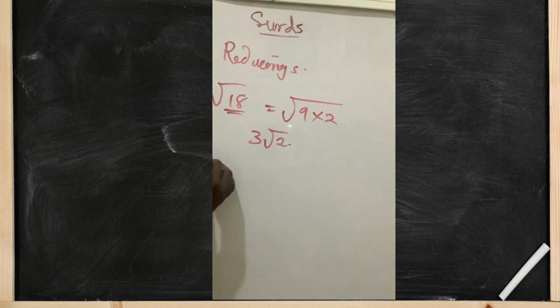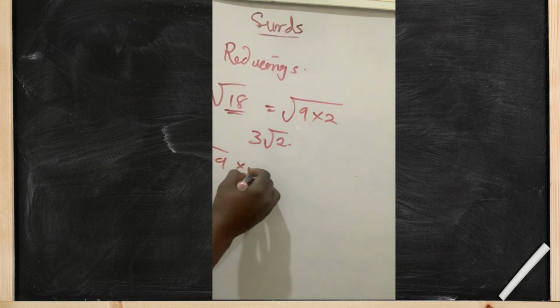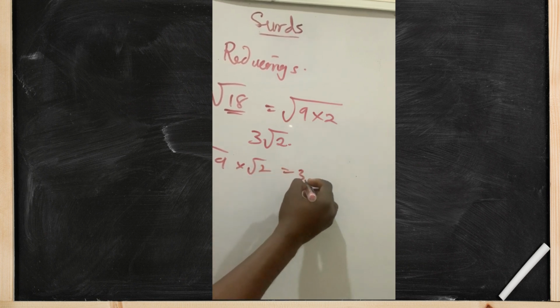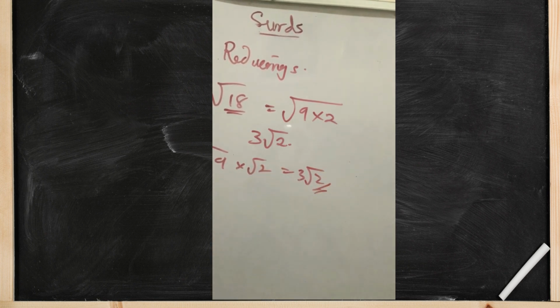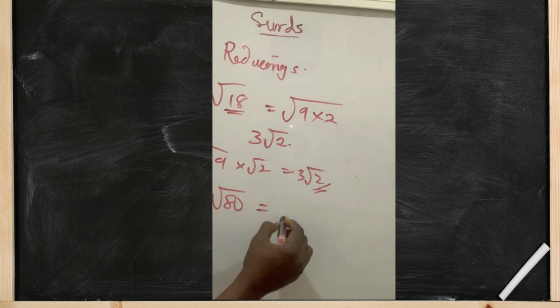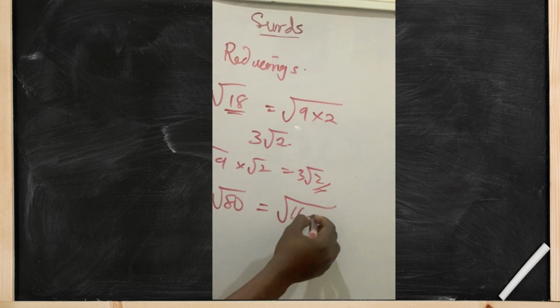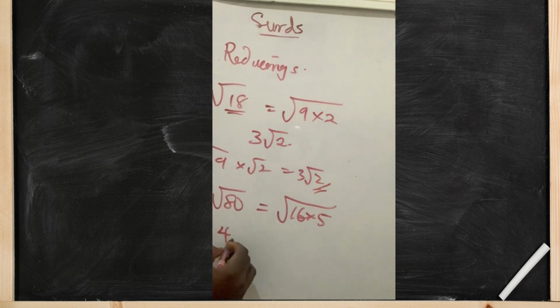Because this is the same thing as saying root 9 times root 2 equals 3 root 2. That's that about that. The second, we are having root 80. This 80 here, if you do 4 times 20, you get that. And if you do 16 times 5, you still get the same answer. So you can expand further to be this, right? So you are saying 4 root 5, and that's the answer for that.